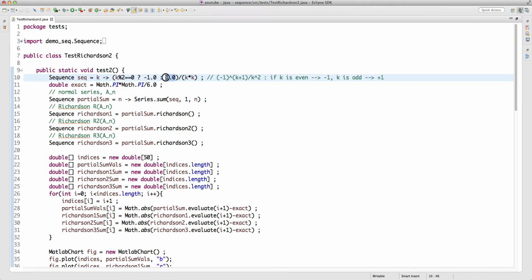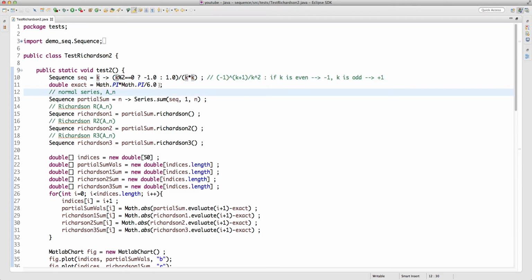So if I return 1 as an integer and k is long, k times k is also long, and 1 divided by k squared is always 0, which is incorrect, right? So we should either return a double, minus 1 or plus 1, or convert k to double before calculating this rational number.